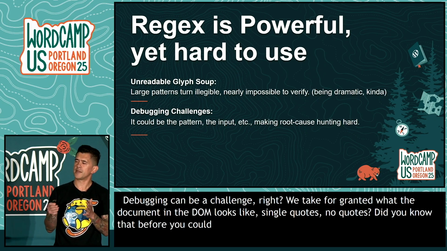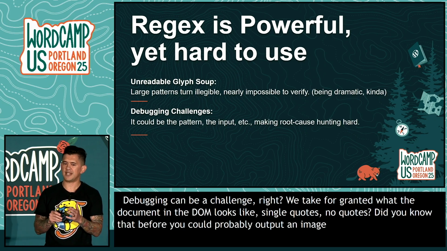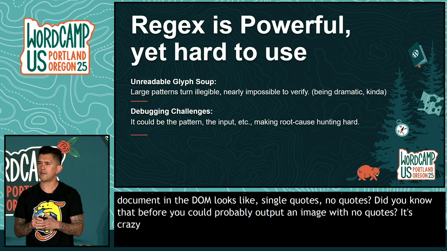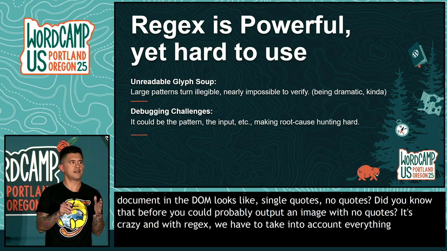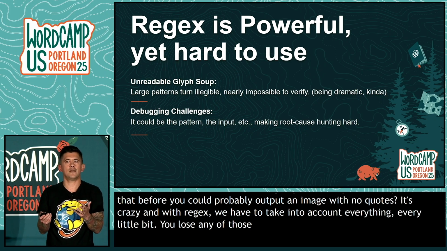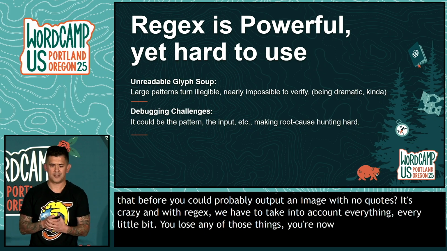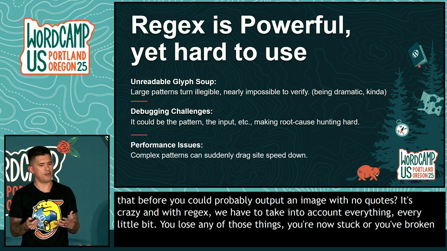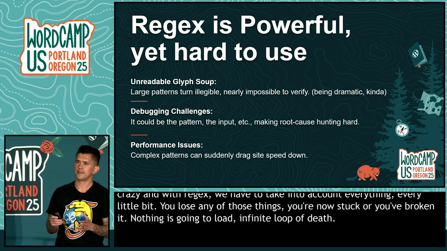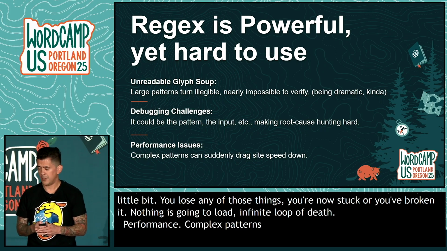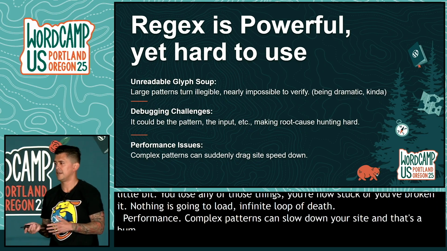It's crazy. And with regex, we have to take into account every little bit. And if you miss any of those things, you're now stuck. You've broken it, or nothing is going to load, or it's an infinite loop of death. Performance: complex patterns can slow down your site, and that's a bummer. So we'll just briefly touch on the beauty of one.